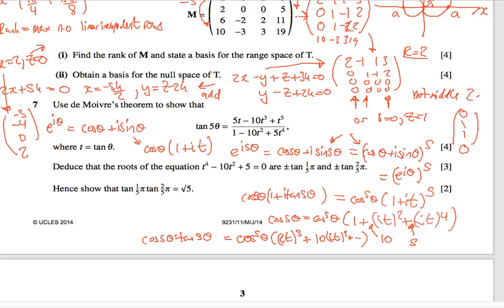Then you can figure out from the real part cos to the 5 theta over cos 5 theta, and after you've got that, that should give you what tan 5 theta equals, the thing at the top.